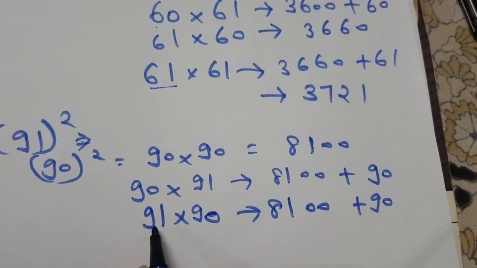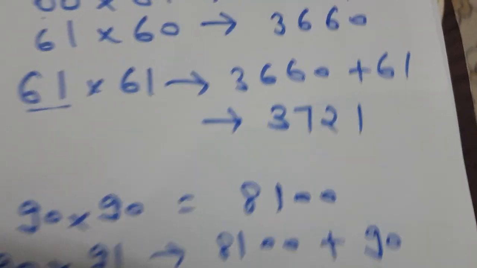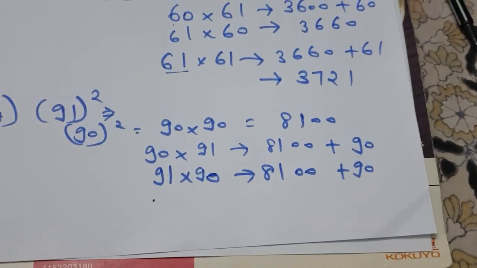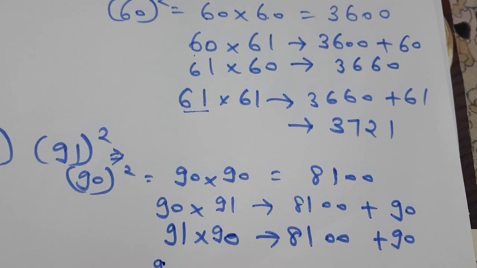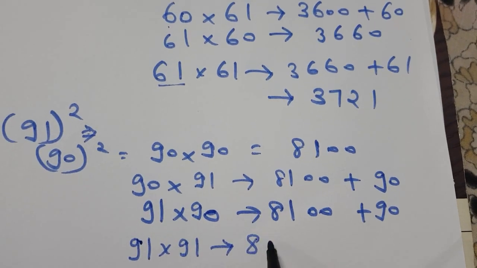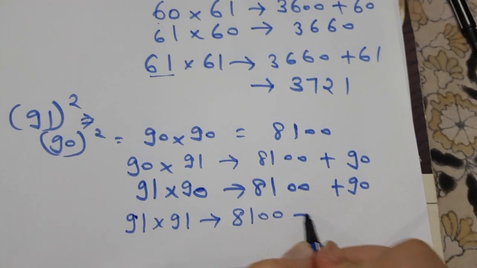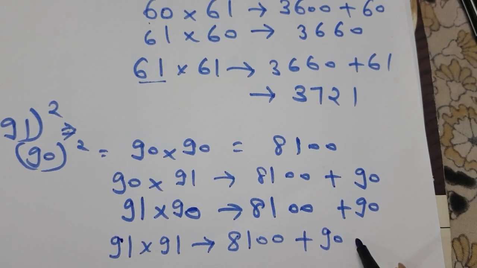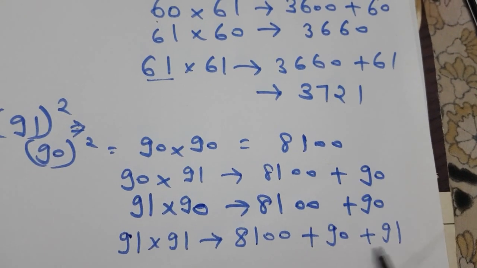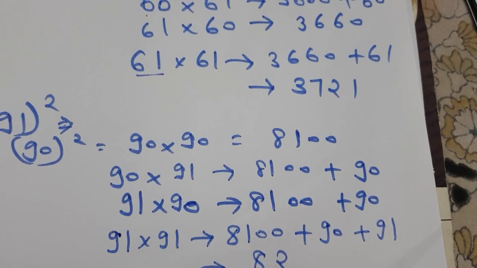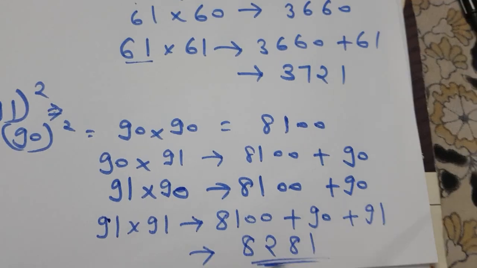You have added 91, 90 times. Since you have to add 91 times, this will be 8100 plus 90, and since you have added 91 times, you have to add 91 here. So this will be 181. So you get an answer of 8281. This is the answer.